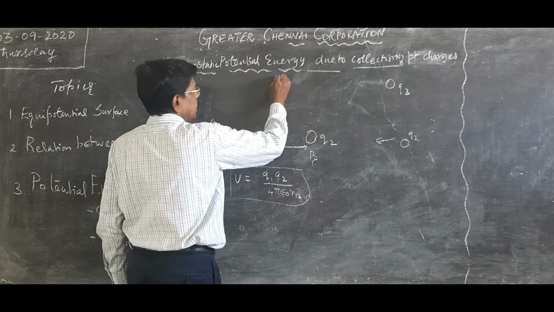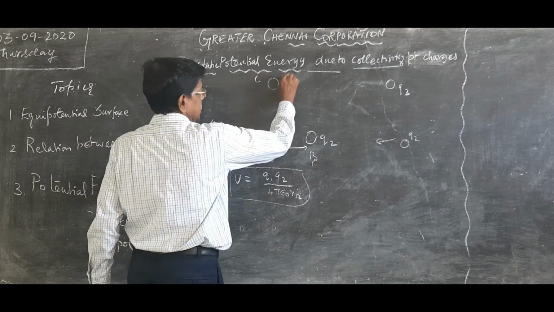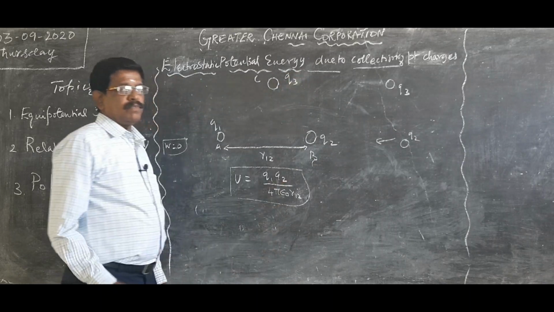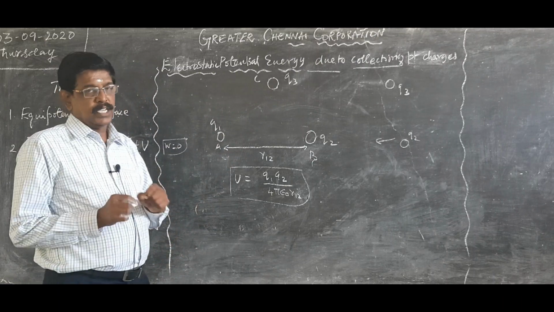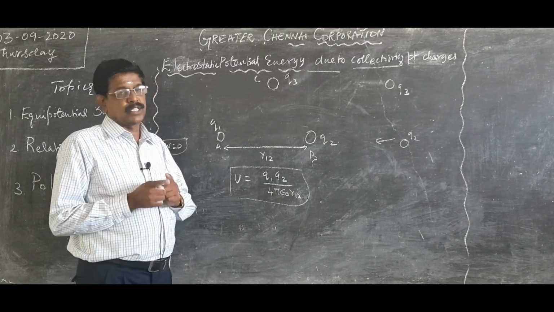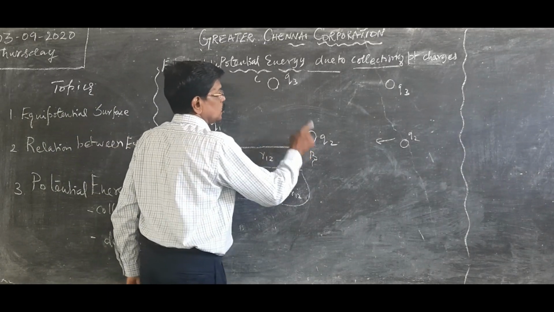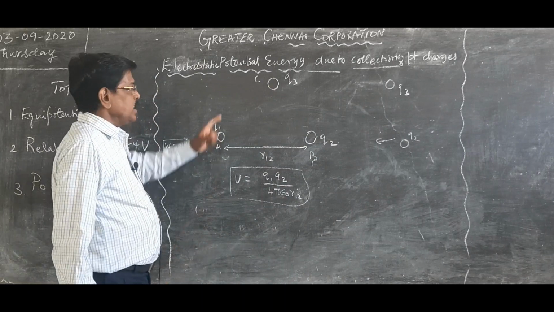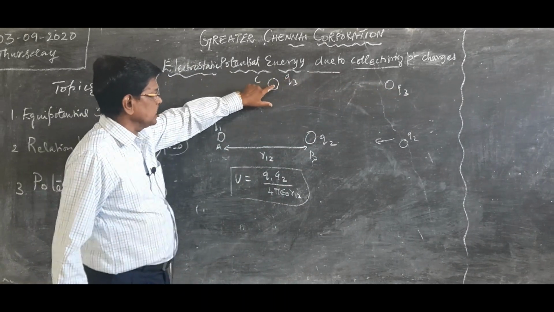Now, the third charge, let us assume the charge is Q3. The third charge is brought and placed at C. When it is kept at C, the charge Q3 experiences two forces, one due to Q1 as well as Q2. So, what is the work done in bringing the charge from infinity to this point?